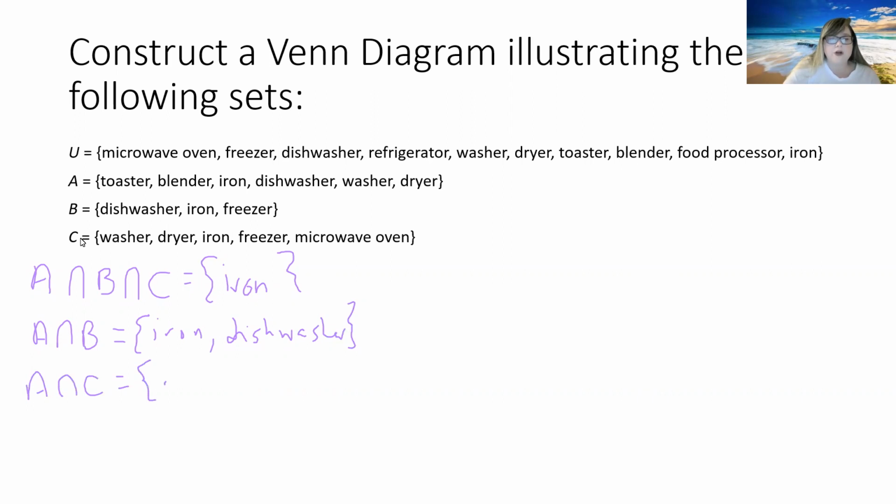So iron, washer, and dryer. Now let's do B and C. What do those two have in common? Dishwasher is not common to both. Iron is. Freezer is.